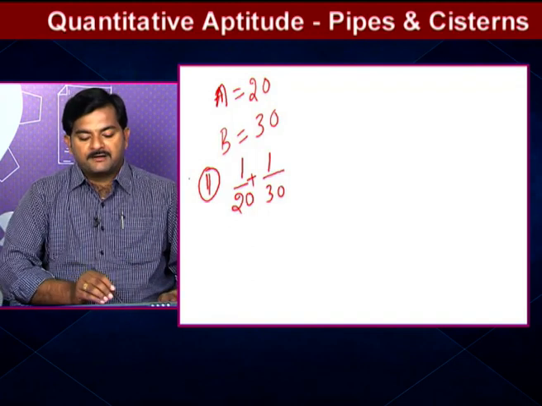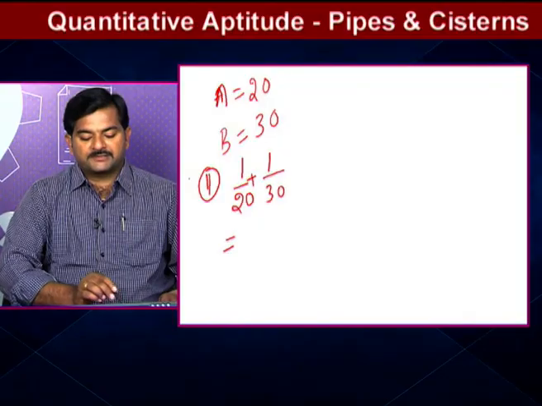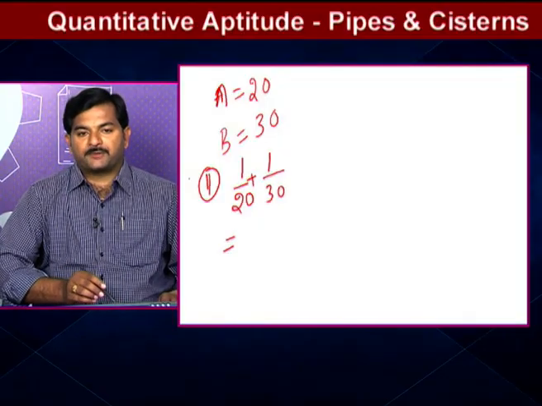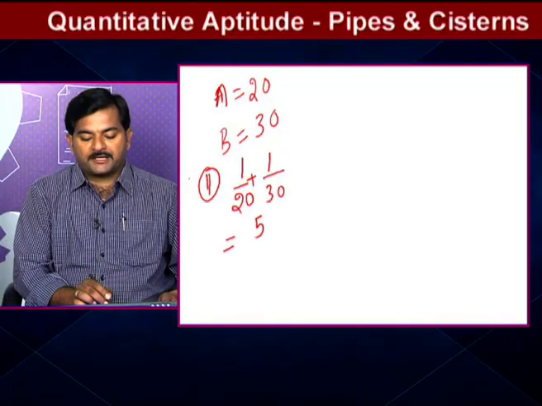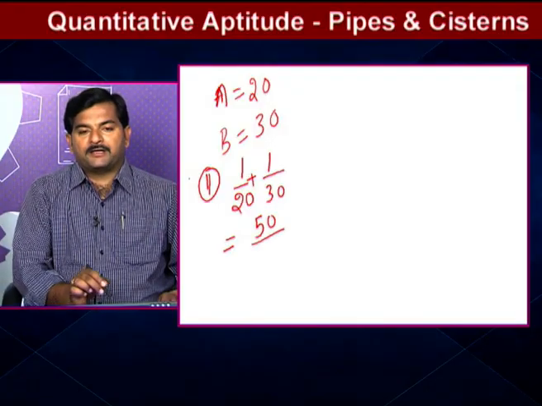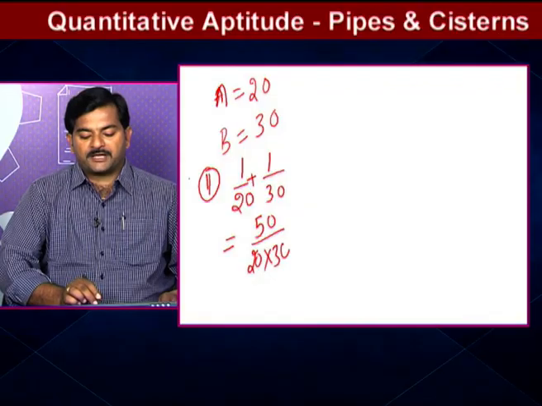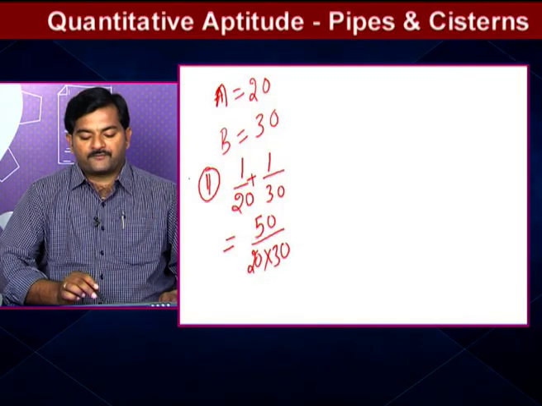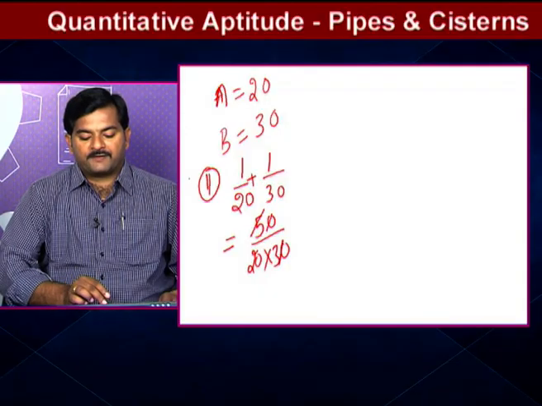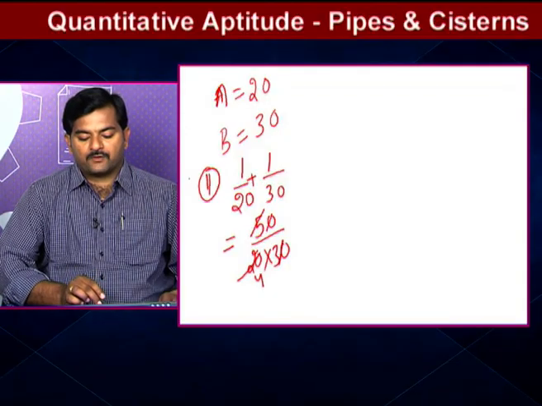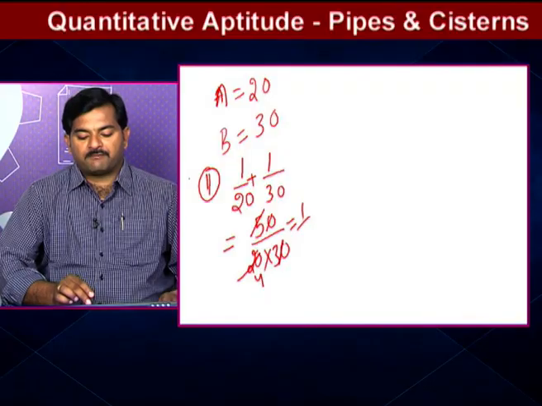So 1 by 20 plus 1 by 30, we can do the cross multiplication: 20 plus 30, that is 50, over 20 into 30. On simplification, the zeros cancel, 5 ones are 5, 5 fours are 20, and I get 1 by 12.